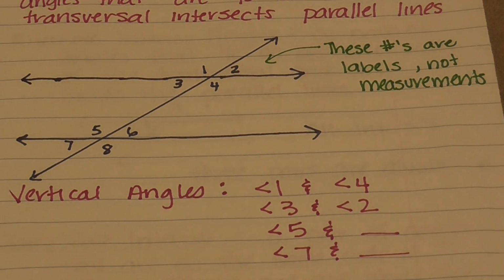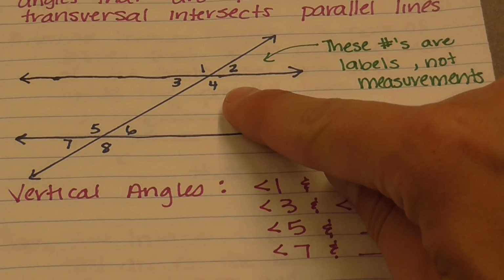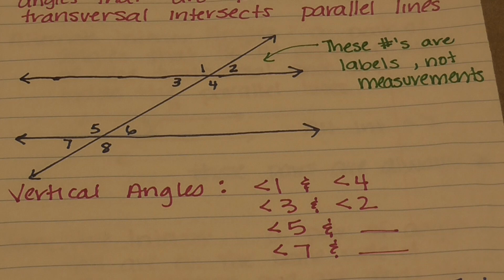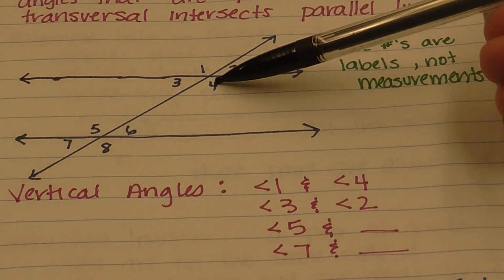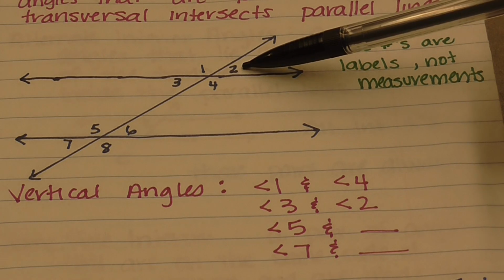We've already talked about vertical angles. We did that in class today. Vertical angles are angles that are across from each other when two lines intersect. A good example here would be angle 1 and angle 4 are vertical angles. They are across from each other where these two lines intersect. Angle 3 is vertical to angle 2.